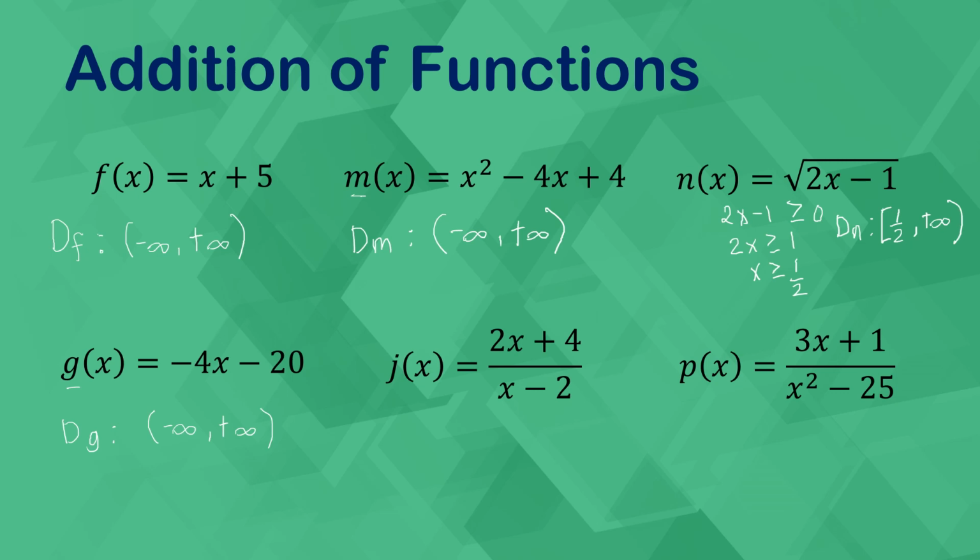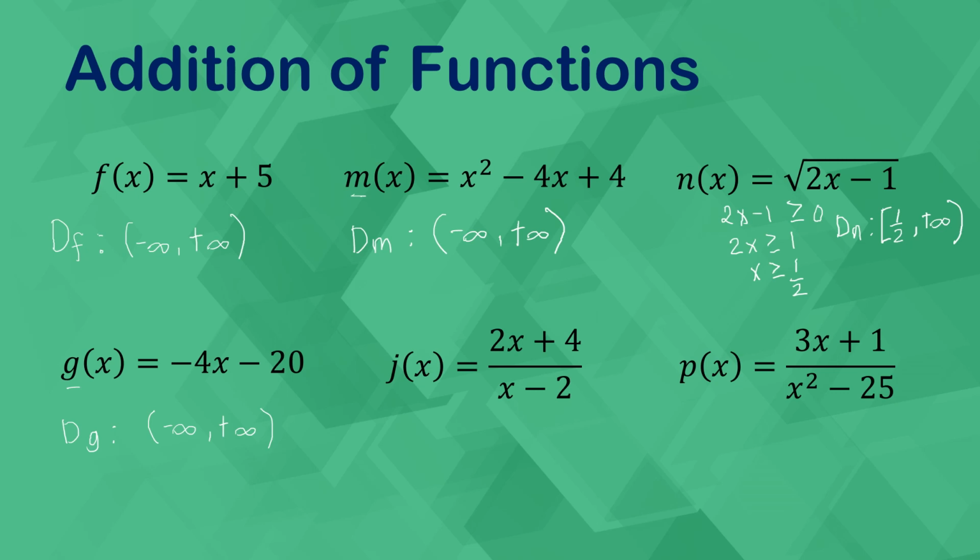Okay. For the two remaining functions, j and p functions, they are under the rational functions. And when we deal with rational functions, we check the denominator. Why do we need to check the denominator? The denominator must not be 0 to make the function defined. Okay, so what we should do is to get values of x, to exclude that value of x in the set of our solution.